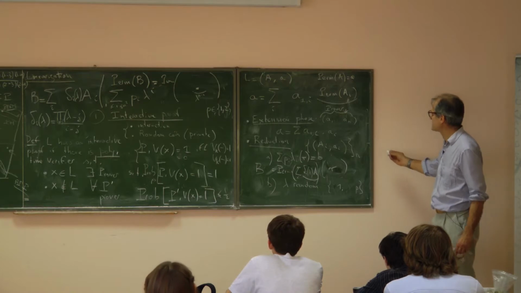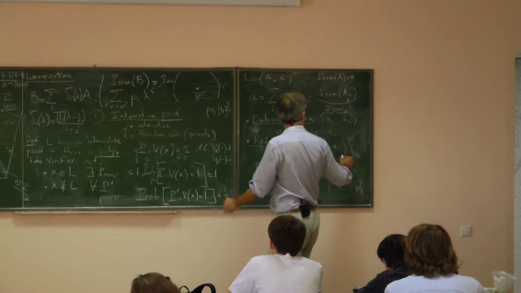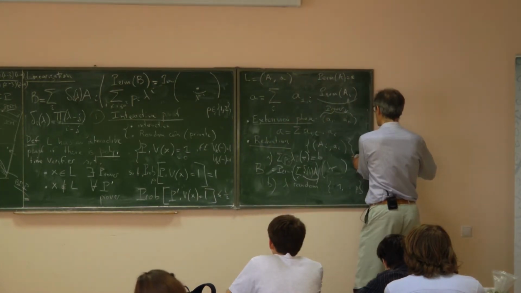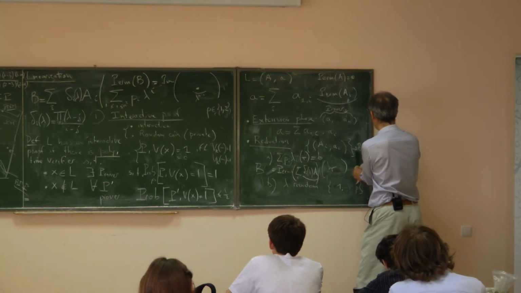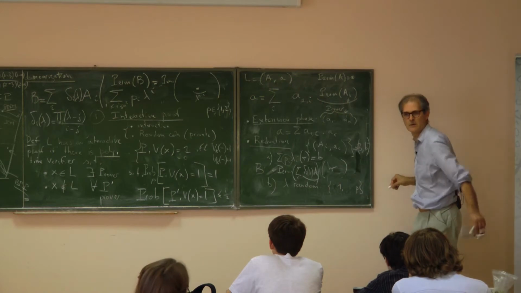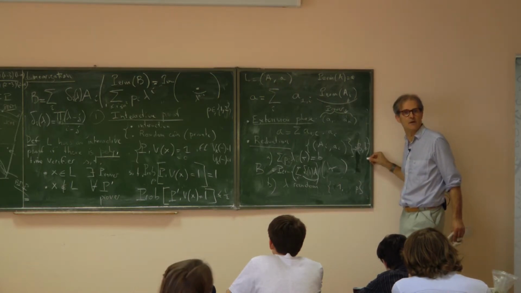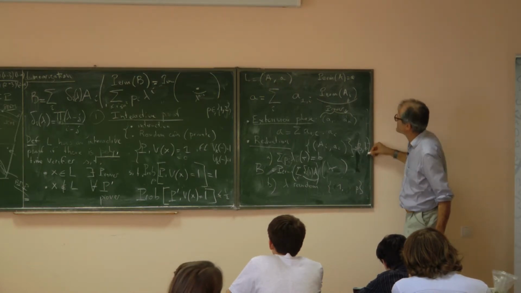So in my reduction step, I'm back to one matrix, B, and one value, small b, of size n minus 1. Okay? Well, now I iterate.